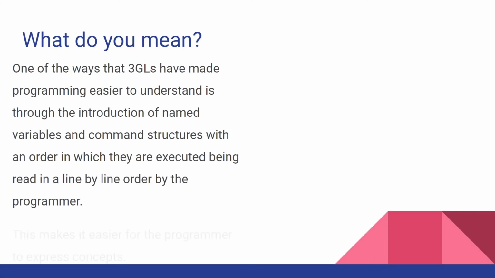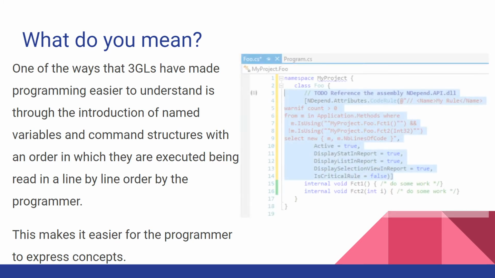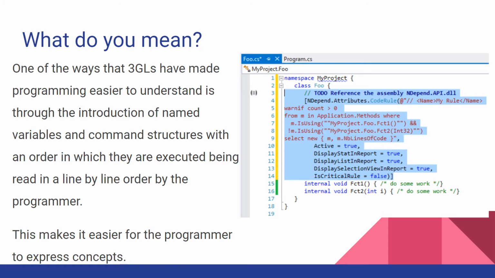One of the ways that 3GLs have made programming easier to understand is through the introduction of named variables and command structures in the order they're being executed. This makes your programming a lot easier to express and a lot easier to do. Here's an example. You'll see that it looks like C code.